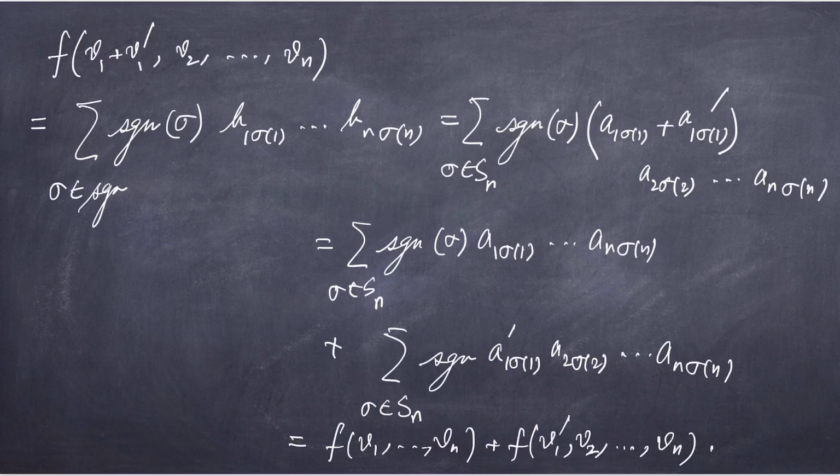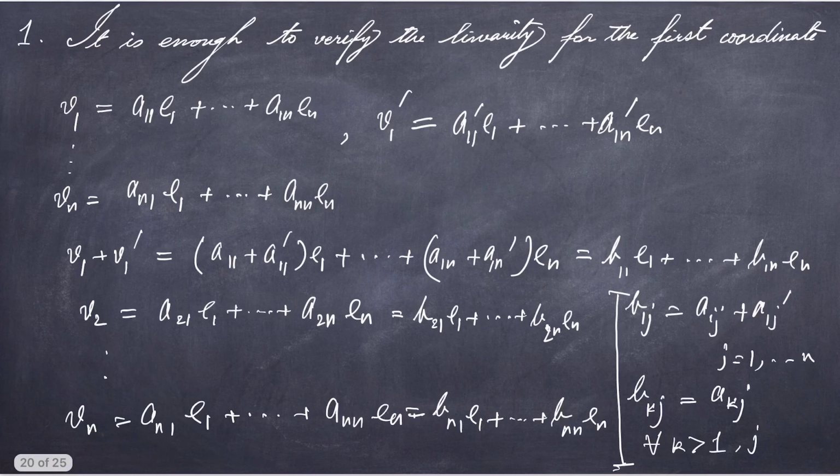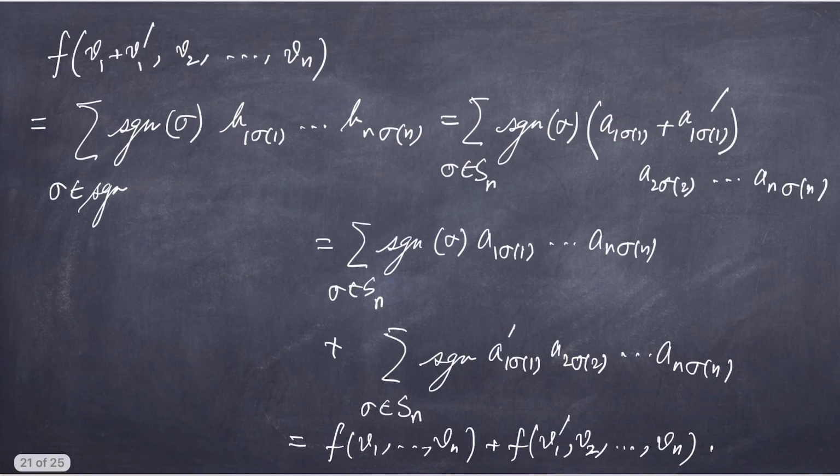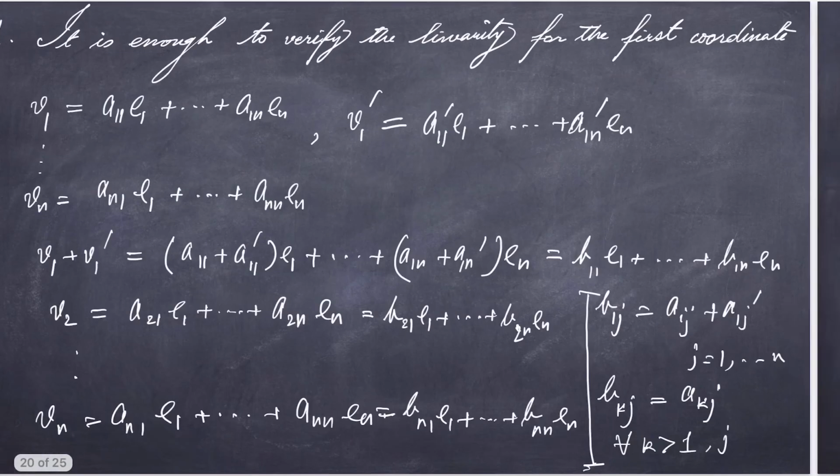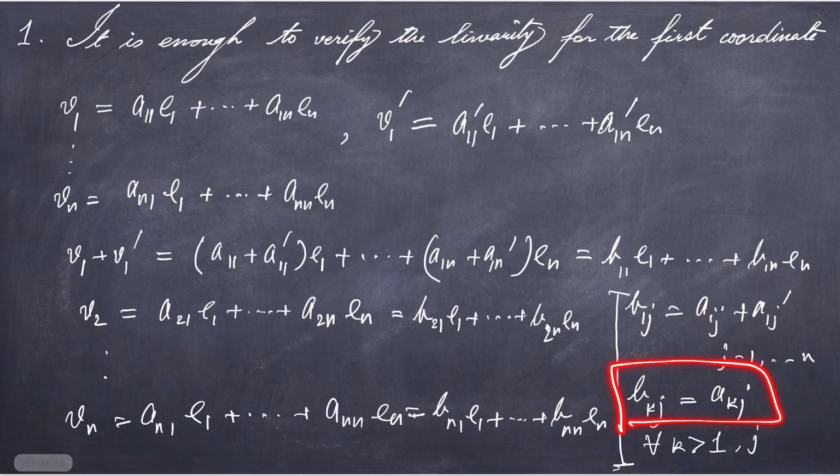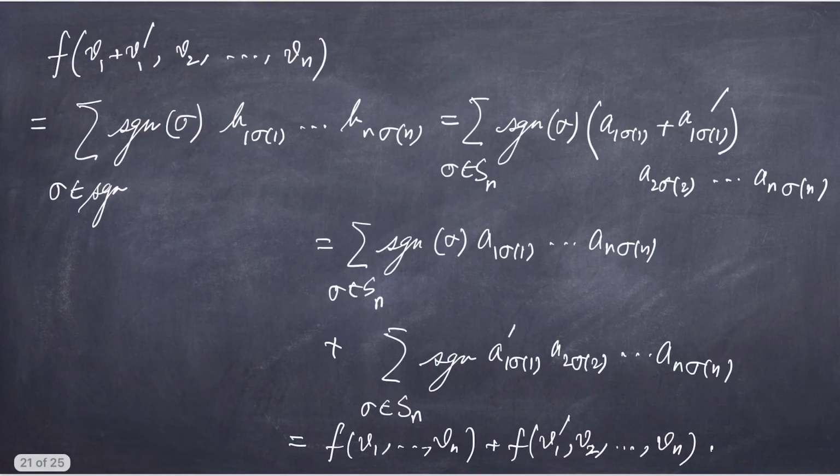For each sigma, the first term b1 sigma 1 will be this, and for the other terms those will simply be the akj.